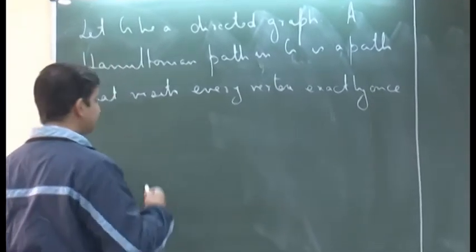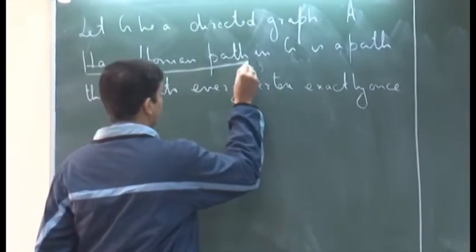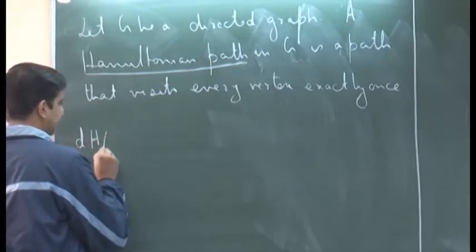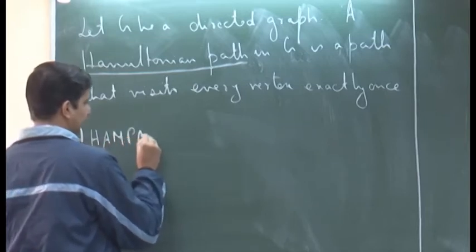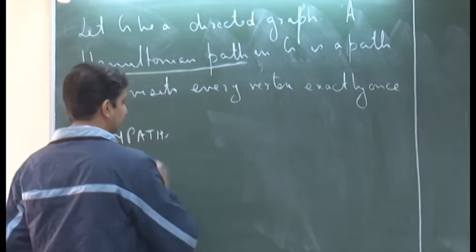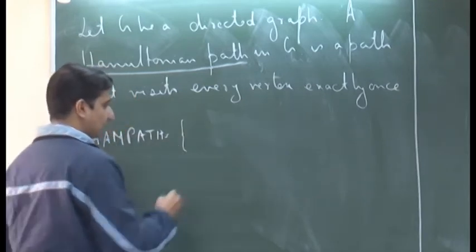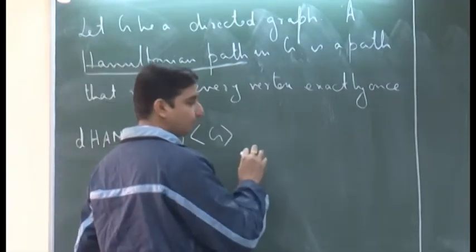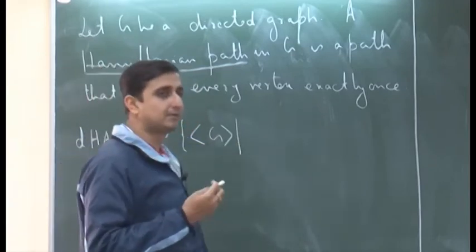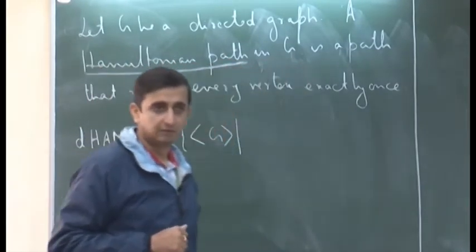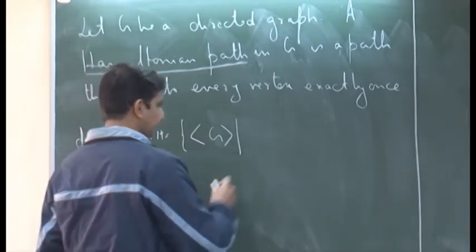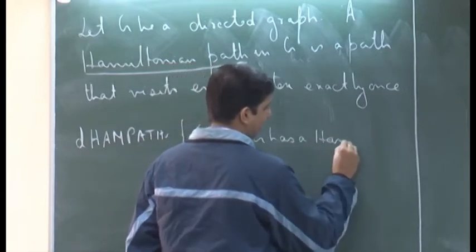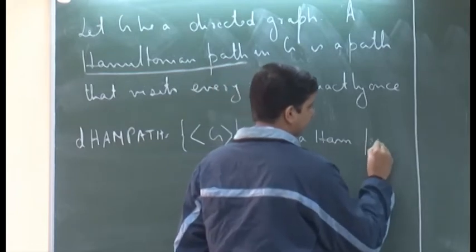So, the language associated with this notion, let us define the language as D Ham path. Okay. So, D Ham path consists of encodings of all directed graphs G. Okay. So, for the purpose of this problem, whenever I am referring to a graph, I will mean a directed graph such that G has a Hamiltonian path.